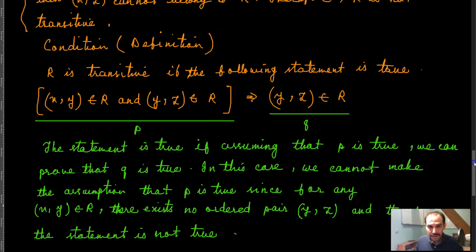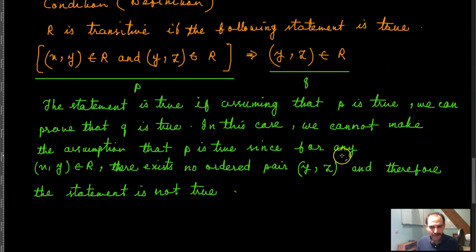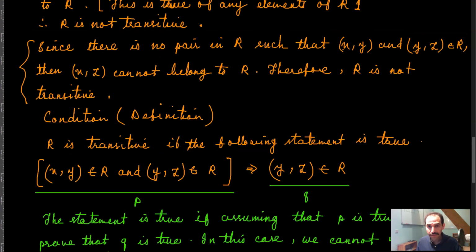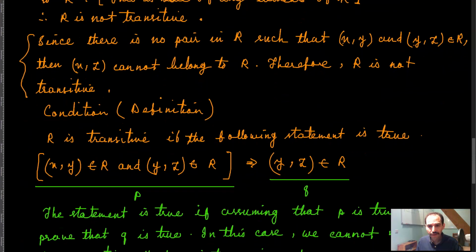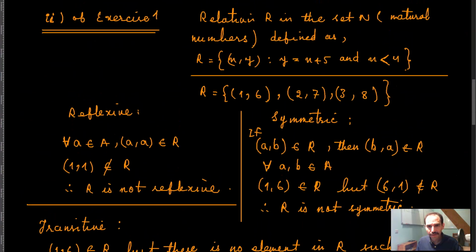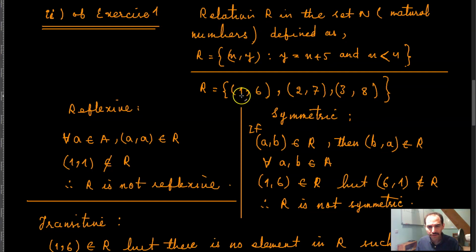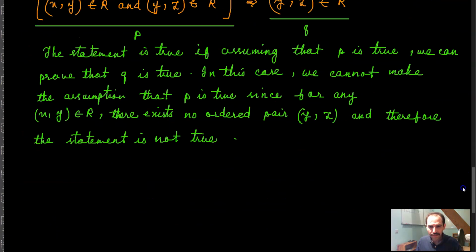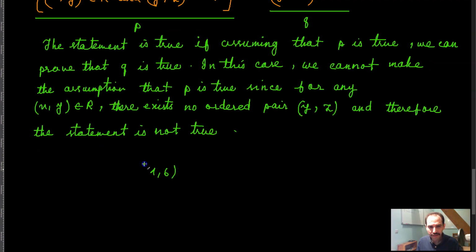So what that means is that for any x, y belonging to R, there exists no ordered pair y, z. If you take a look at your R here, you have 1, 6.